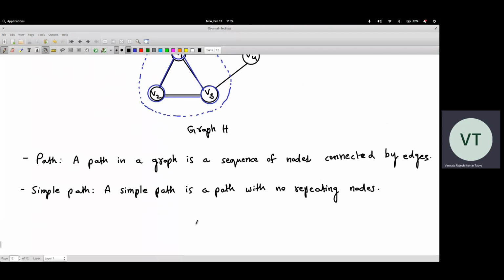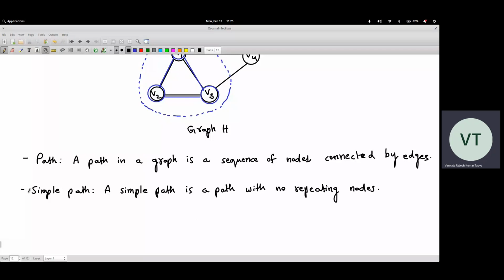So a path can be as complex as you want. You can revisit any node and any edge any number of times, whereas in a simple path, you cannot have repeating nodes. So you can have cycles within a path because the path can be as complex as you want, whereas you cannot have cycles in a simple path.